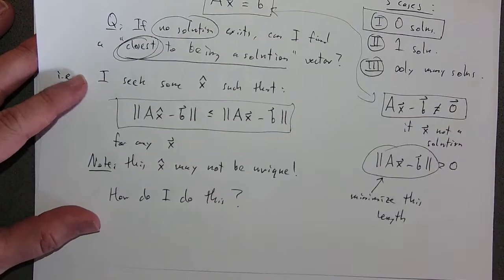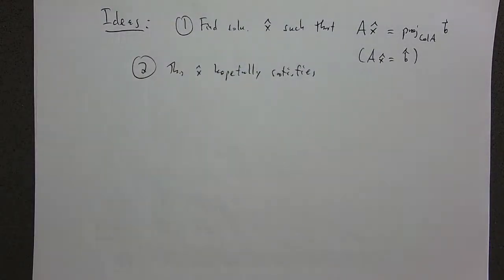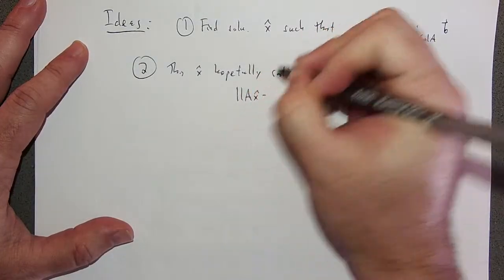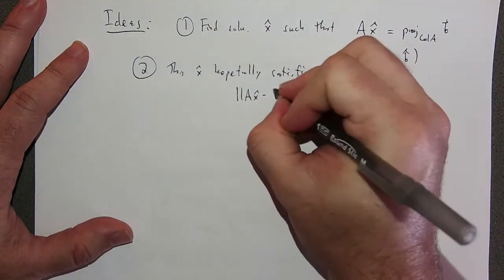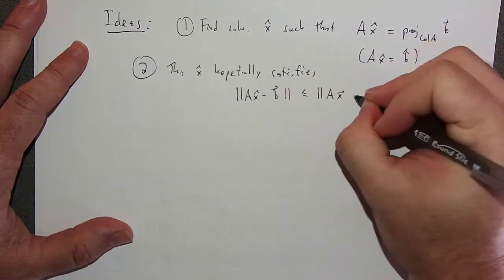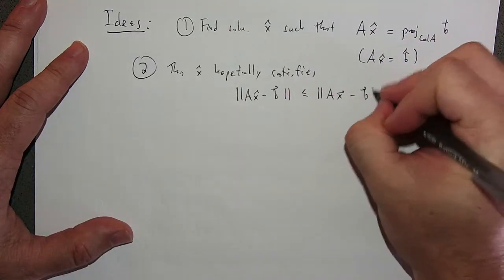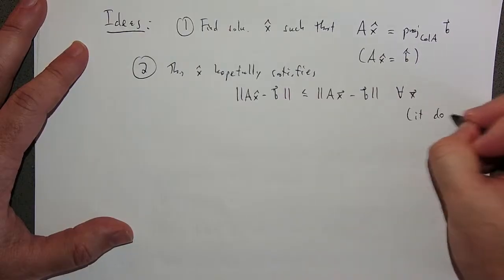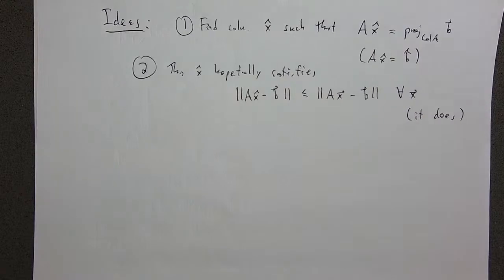That's the whole purpose, right? So this hopefully satisfies that the length of A x hat minus b is less than or equal to the length of Ax minus b for all x. And it does. I'll go ahead and spoil it for you that it actually does.